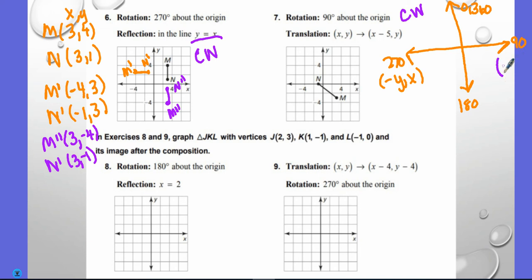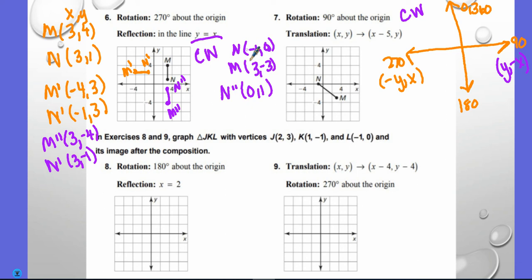And the rule for 90 degrees clockwise is to just switch x and y and make x negative. So it says rotate about the origin. I'm going to write my originals down first. And that looks like to be negative 1, 0, and here it looks like to be 3 and negative 3. And to do the rule, then N double prime would be switch x and y and take the opposite of x.